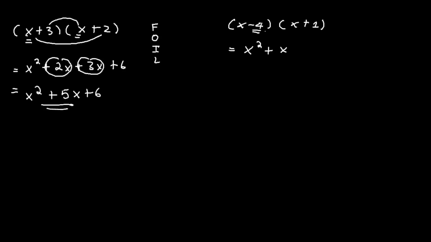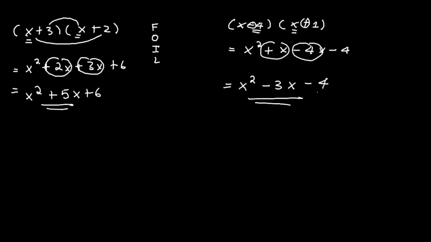Now negative 4 times x will be negative 4x, and negative times a positive gives you negative 4. Let's go ahead and look for like terms. Positive x and negative 4x. So we'll end up with a negative 3x, and let's write a constant over here, and this is our final answer.